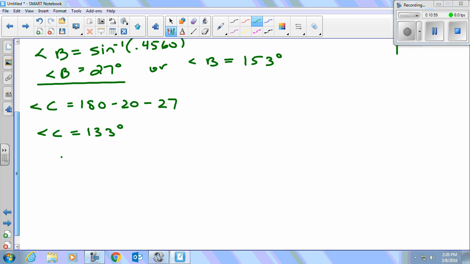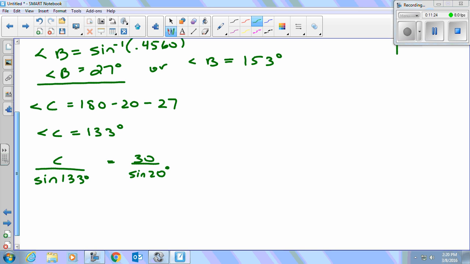We can use that now to find side C, so side C over the sine of 133 equals 30 over sine 20. Notice that I always go back to the original values that I was given to solve for a missing number, rather than going to a calculated number.